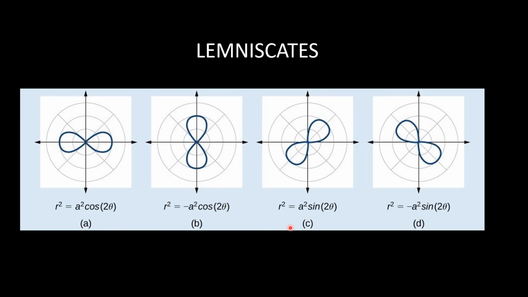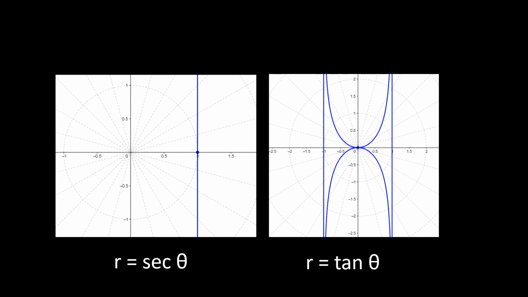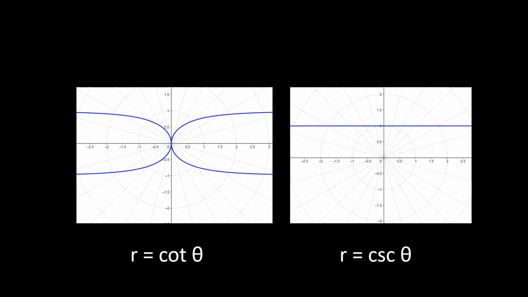We can make the same arguments for the other two lemniscates. So here is the graph of r equal to secant theta, which is a vertical line, and r equal to tangent theta. Next are the graphs of r equal to cotangent theta and r equal to cosecant theta.